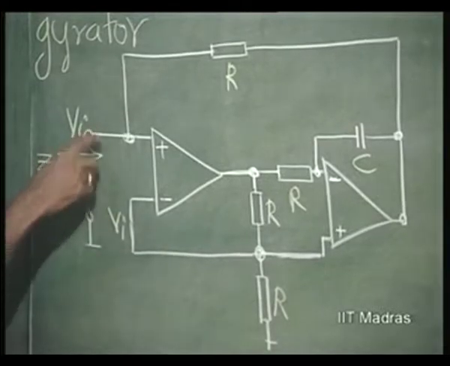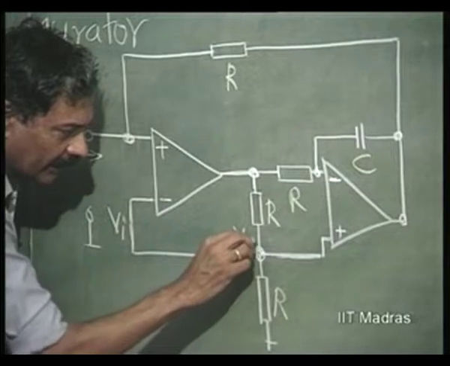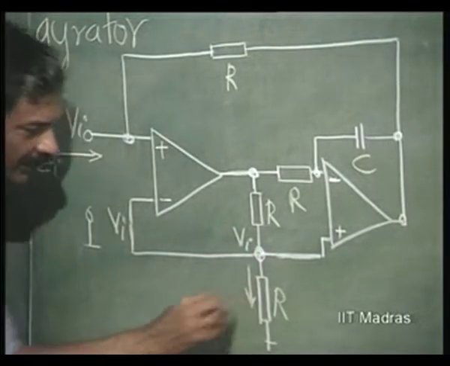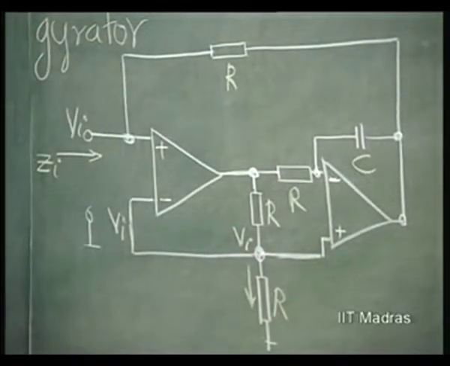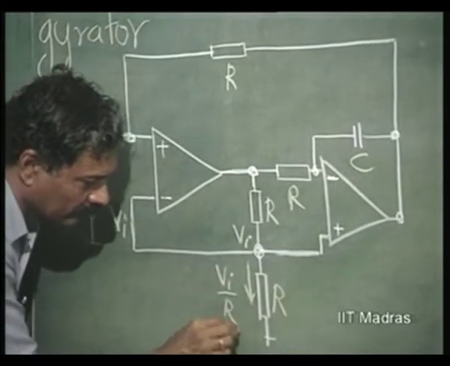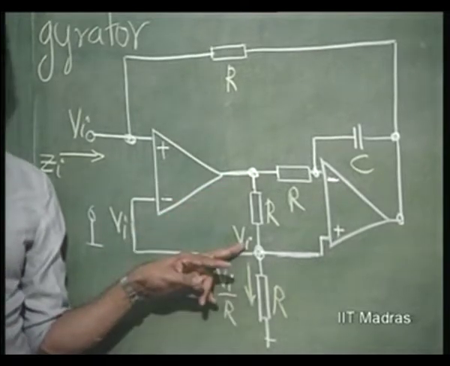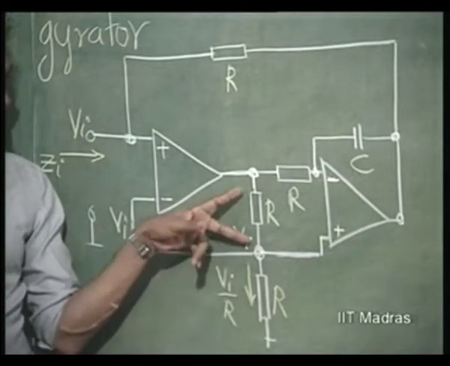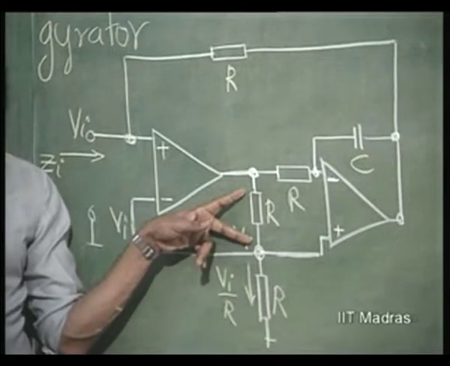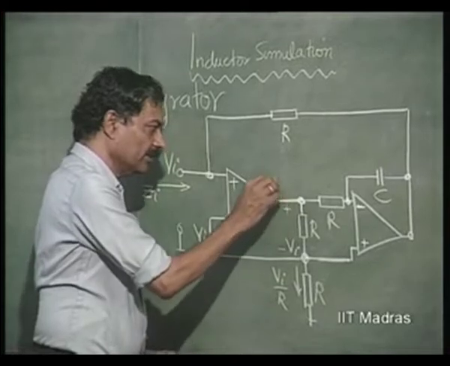If this is V I, this has to be V I, and if this is so, this is V I, and the current in this is V I by R. If that is the current in this V I by R, the same current should be flowing through this. So, the potential across this R is also going to be V I. So, this is going to be V I. That means, this is twice V I.